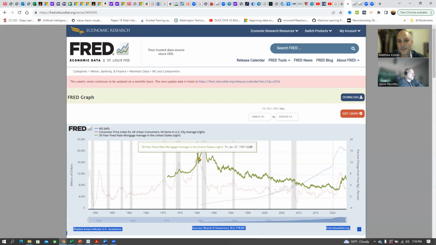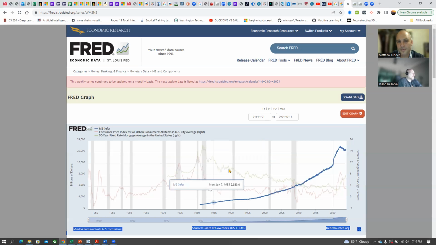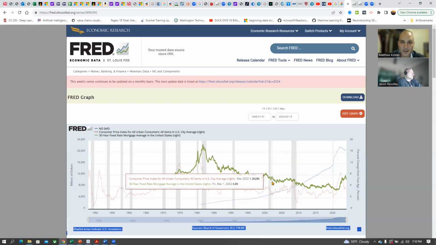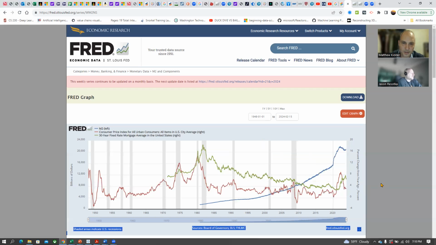And then post the Great Inflation, you get the dual mandate where they say, okay, we have to look at both unemployment and inflation. And then they start targeting the 2% afterwards, and that kind of led us to where we're at today.